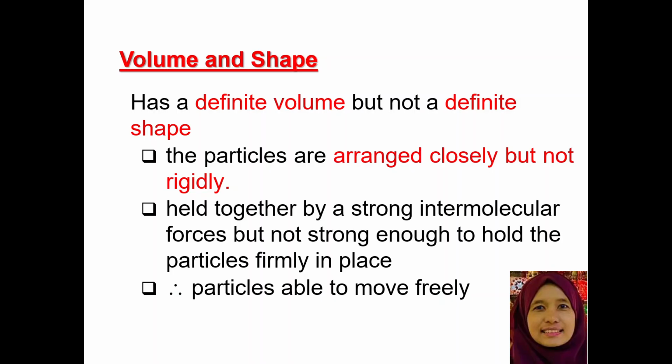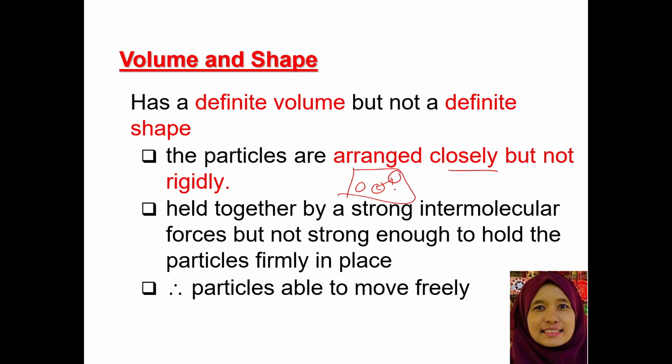Okay, the third property of liquid: it has a definite volume but not definite shape. Okay, dia ada volume yang tertentu tapi tak ada bentuk yang tetap. Okay, kenapa? Sebab the particles are arranged closely. Okay, walaupun dia berdekatan antara satu sama lain, tapi dia not enough close to have strong intermolecular force.